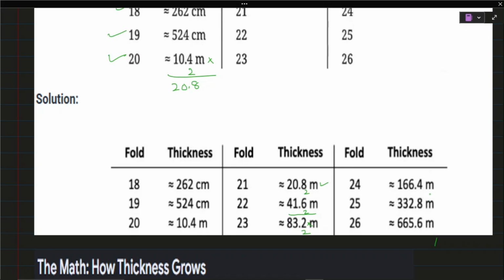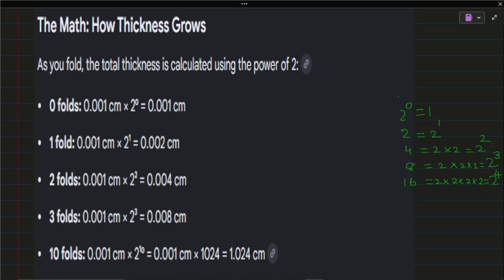And here also, the 25th thickness you can find by multiplying this answer by 2. Now we will discuss how this thickness grows. When you fold the paper, the thickness is calculated using the power of 2. And how it comes, now we will discuss.